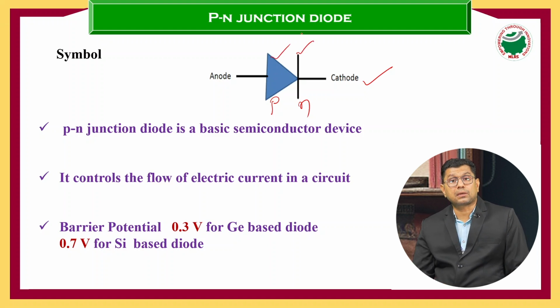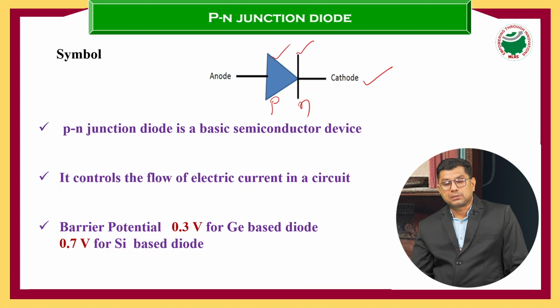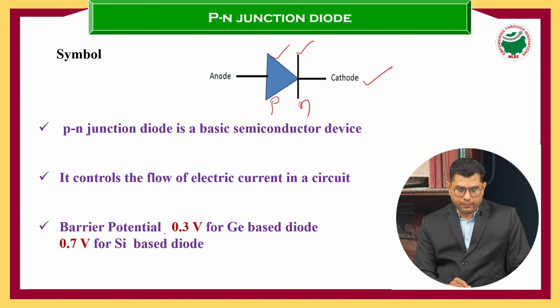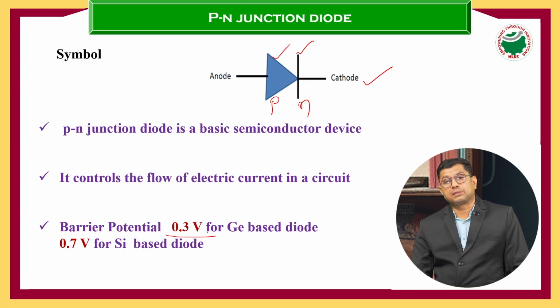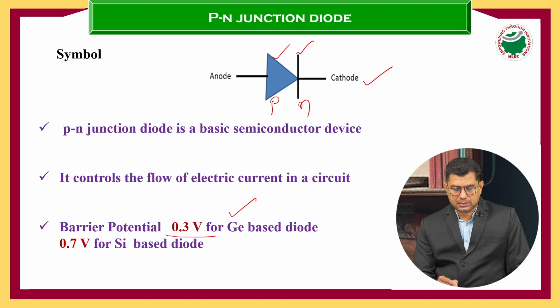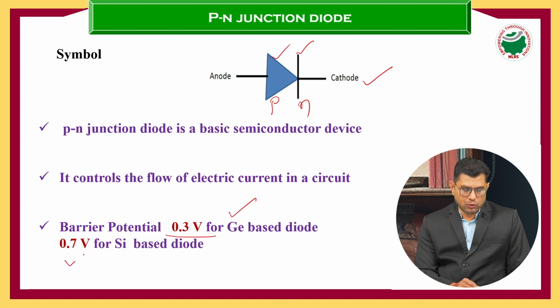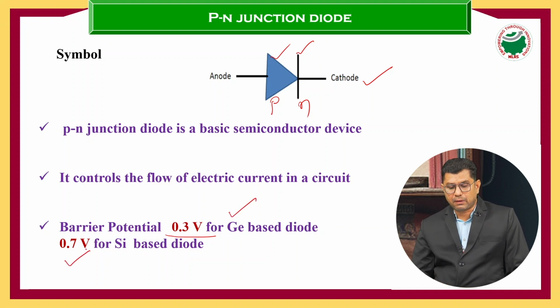This is the circuit symbol of the PN junction diode. What does a PN junction diode do? It will control the flow of current in the electric circuit.